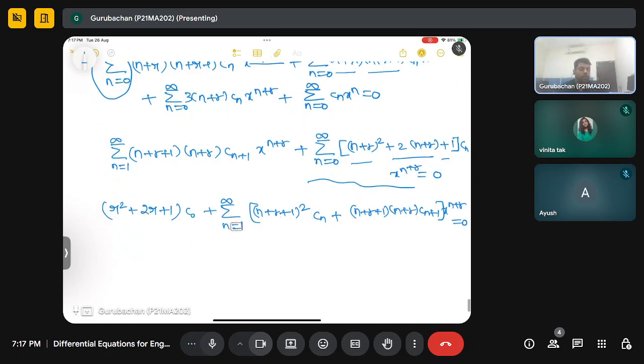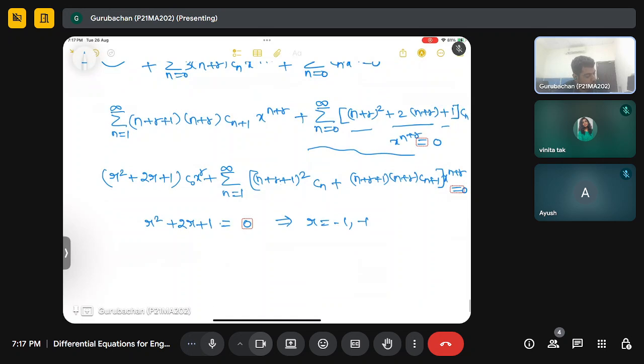Okay, so the first term will give you 2r plus 1 equal to 0. So this will be r is minus 1 and minus 1. So both the roots are the same.